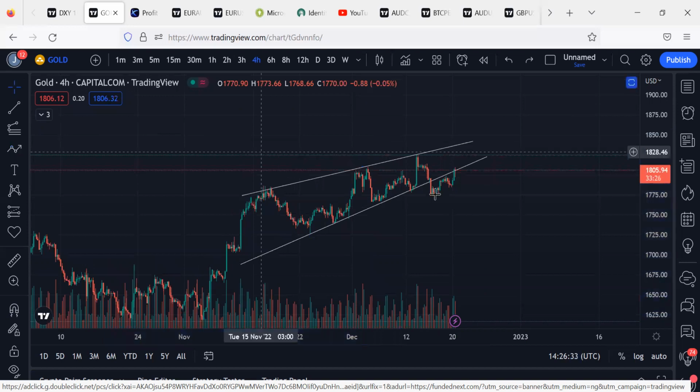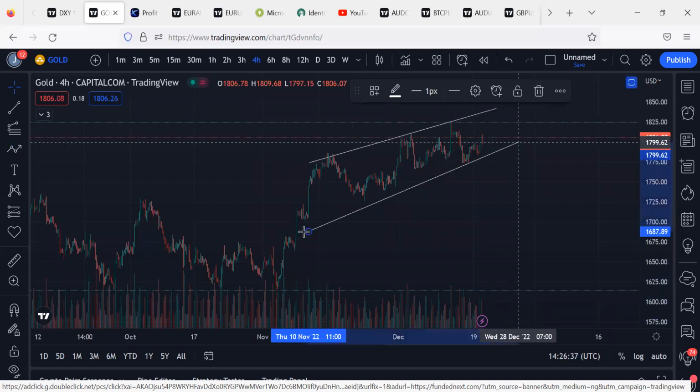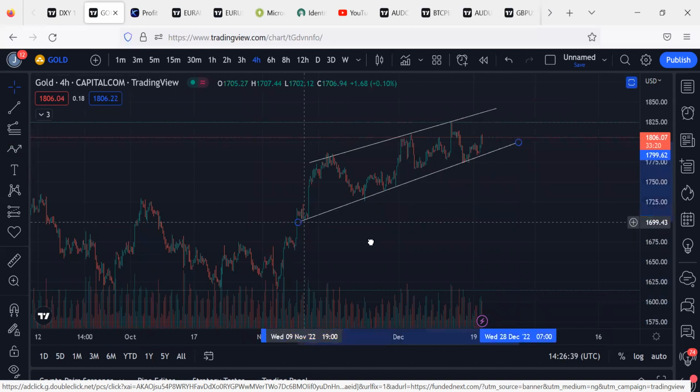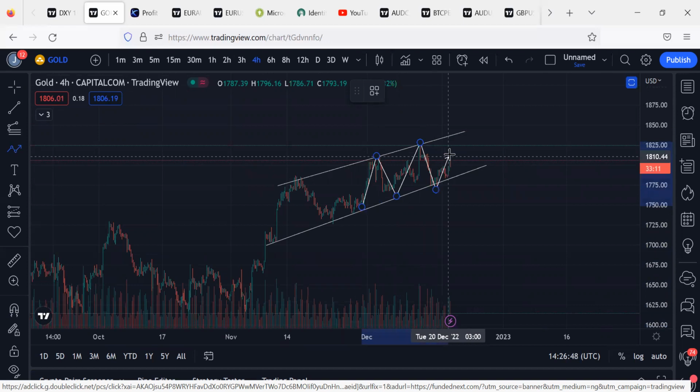Hold on, let me delete this. I'm just giving a random one, that I think this is how to draw the proper channel, whereby we're having our left shoulder, our head, our right shoulder, and flushing down, then coming to retest.